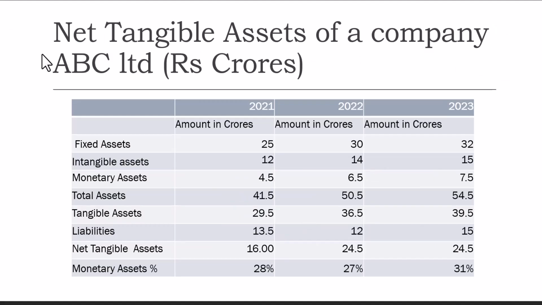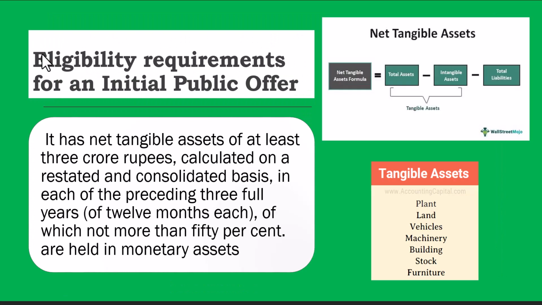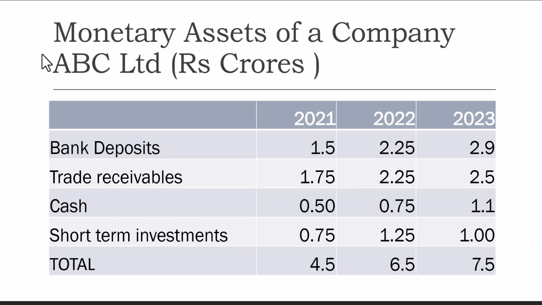So if you take total assets minus intangible assets and minus liability. Yeah, that's on your screen. Total assets minus intangible assets. Give me an example of an intangible asset. Goodwill or copyright. Yeah, goodwill. Very good. So this is basically the first criteria.